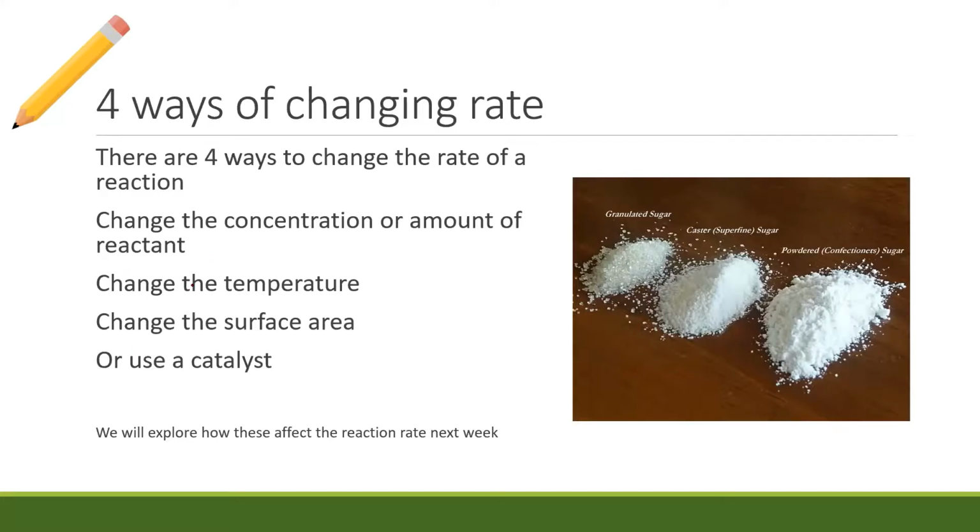There are 4 ways to change the rate of a chemical reaction. And I love doing this with students because it makes it a lot easier just to go 1, 2, 3, 4. 4 ways, and you guys are just like, cool, that's all I have to memorize. The 4 ways of changing the rate or speed of reaction is, number 1, to change the concentration or the amount of reactant.